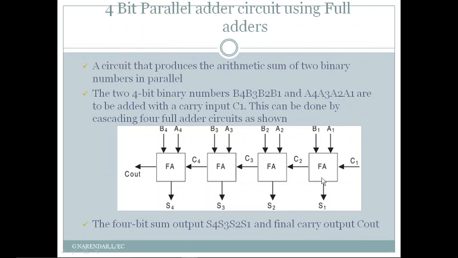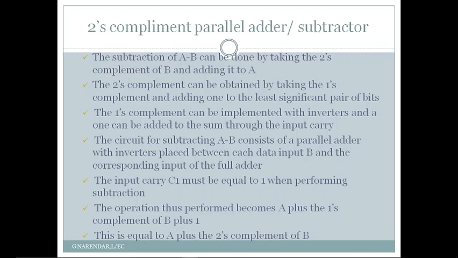If you make the input carry equal to 1, then this addition of 1 makes the 1's complemented B data into the 2's complement of B. So this addition by using the 4-bit parallel adder effectively becomes A plus 2's complement of B, that is A minus B. So mind that the operation thus performed becomes A plus the 1's complement of B plus 1.